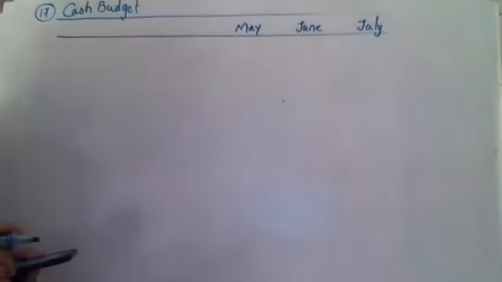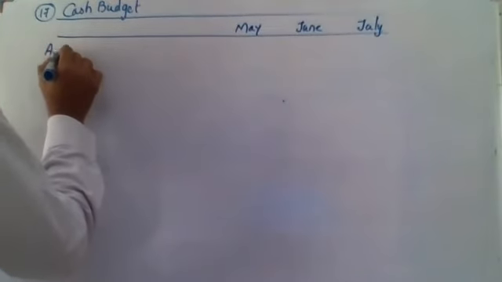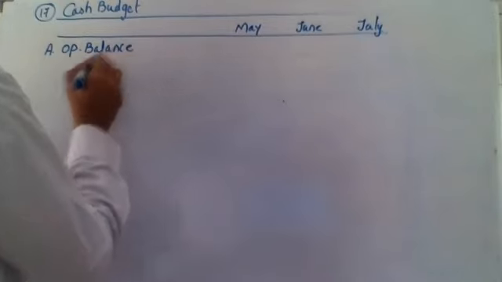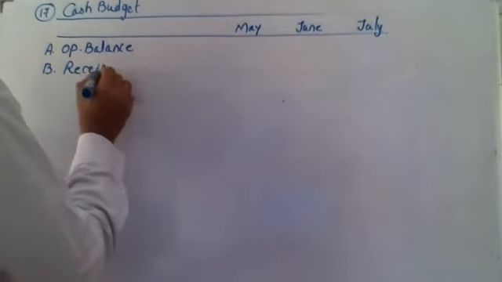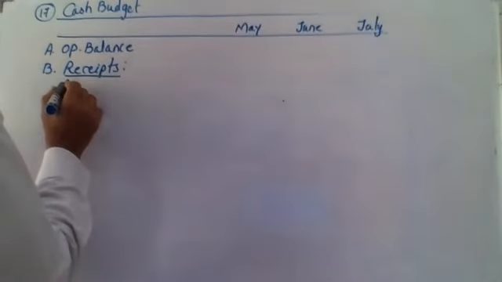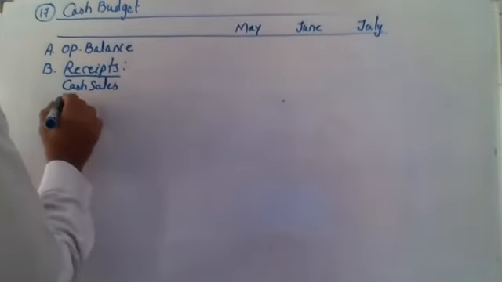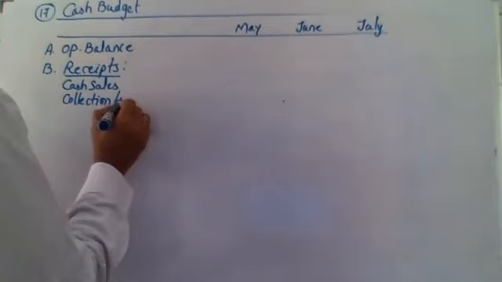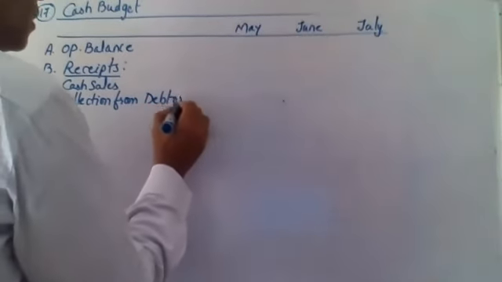And look at the format. A cash budget generally will have A as the opening balance, then B, receipts. That would be the heading. We have cash sales and collection from our customers, that is debtors.